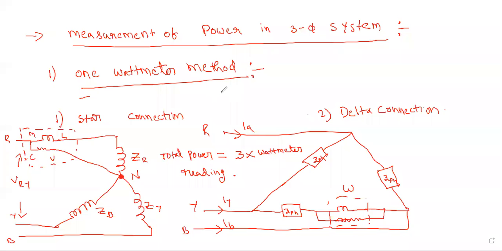Can anyone tell what is the main disadvantage of this one-wattmeter method? As per your knowledge, what are the main disadvantages?